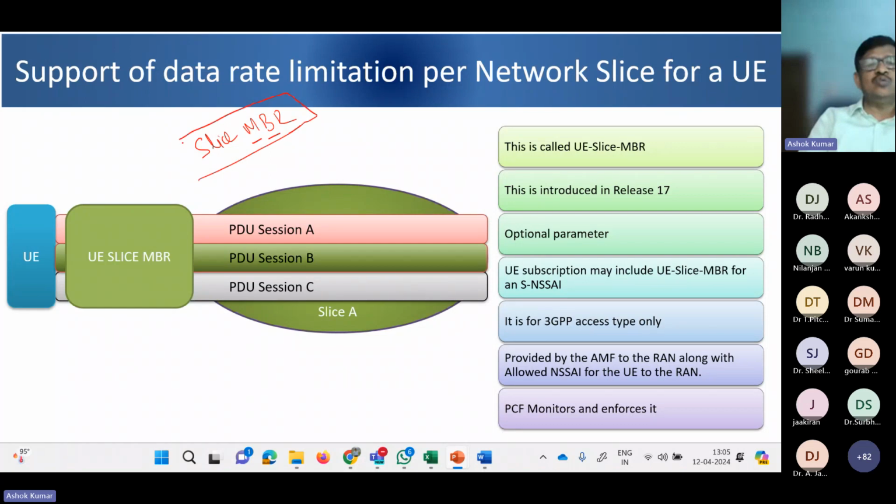So basically it's a control: for one UE, how much maximum bit rate I should allow in different PDU sessions, because there can be multiple PDU sessions in a slice by a user equipment. So how much total bit rate combining all these? So at slice level, I manage the maximum bit rate. This is to be enforced as part of quality of service.